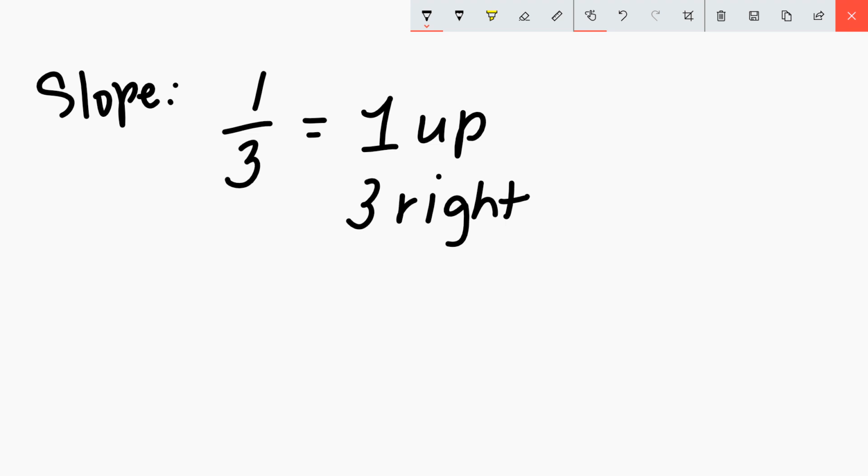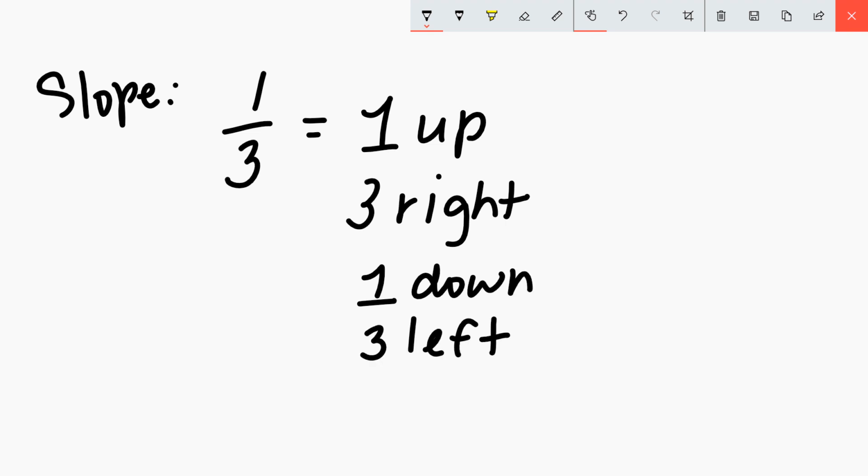Okay, and same thing, since this is a positive slope, we could also see it as 1 down and 3 left. Okay, 2 positives or 2 negatives when you have a positive slope is totally fine.